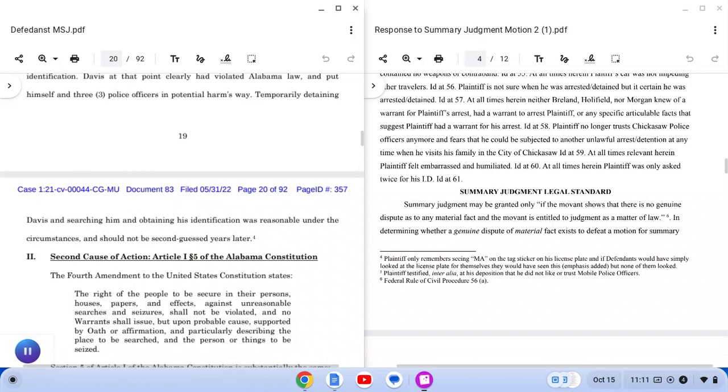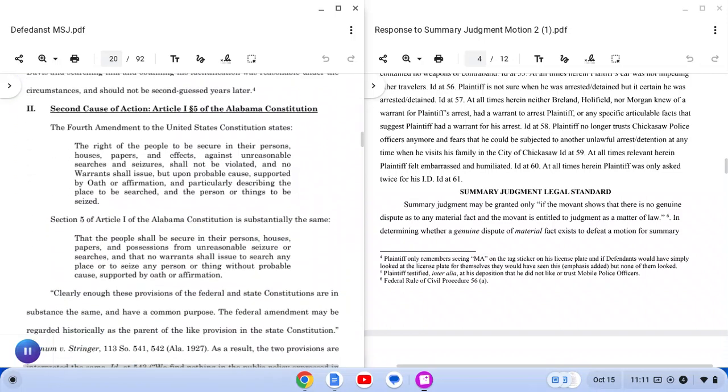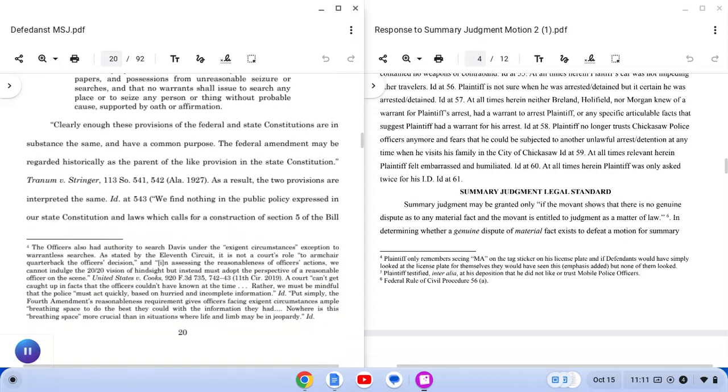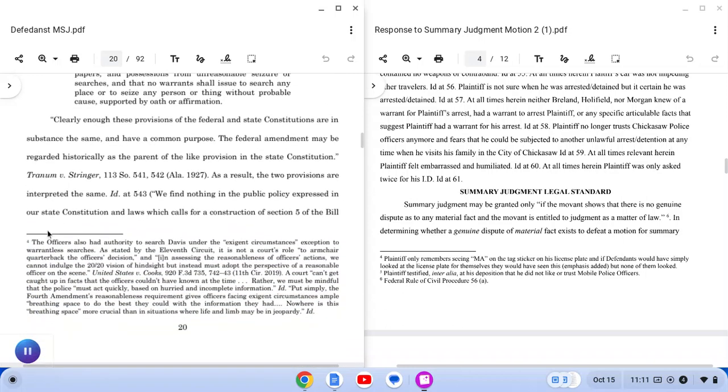There's a footnote down here, so let me go and read their footnote too, because I think that's relevant. Kind of long, anyway. Okay, the officers had authority to search Davis under the exigent circumstances exception to warrantless searches, which is one of the exceptions to a warrantless search, exigent circumstances.